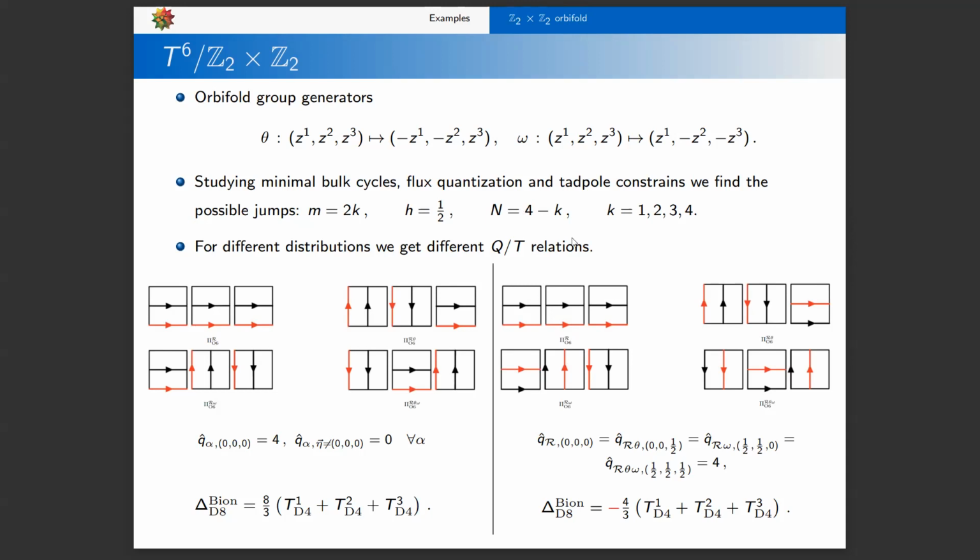But given the formula above, they will contribute negatively to the charge to tension relations. And all the contributions in this case are negative, and we get a correction to the charge to tension relations that makes the tension greater than the charge. So this example is in tension with the weak gravity conjecture.